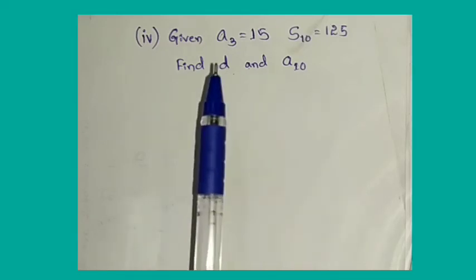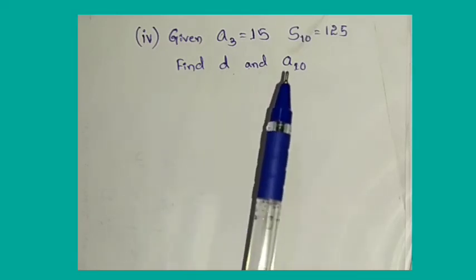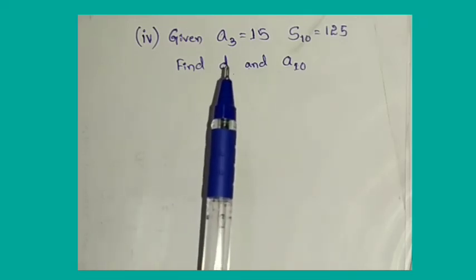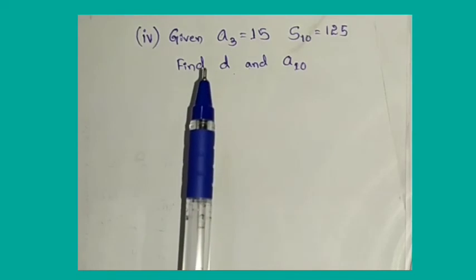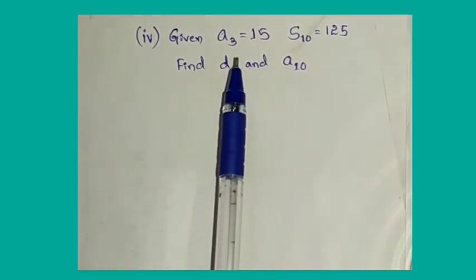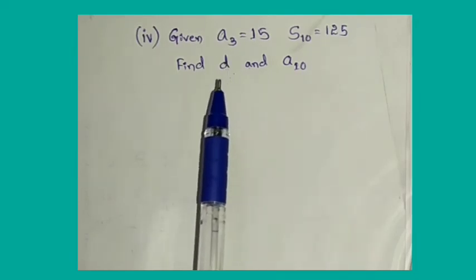So first you have to write these in terms of a and d. First A3 is given, so for that we have to use the An formula.